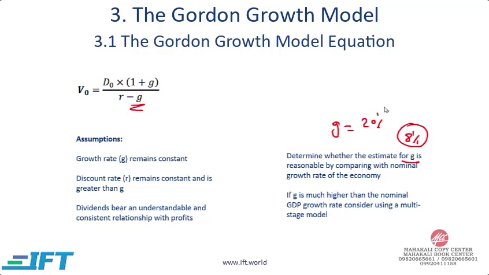It is not reasonable to expect that your company will grow at 20% in the long run, given that the economy is only growing at 8%. So you reevaluate this 20% number. And if you are still confident that this is correct, then what you can do is use a multi-stage model where you say that, okay, for a certain number of years the growth is at 20%, but eventually in the long run, we need to be down to 8%.